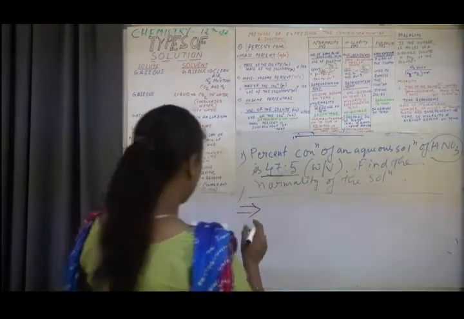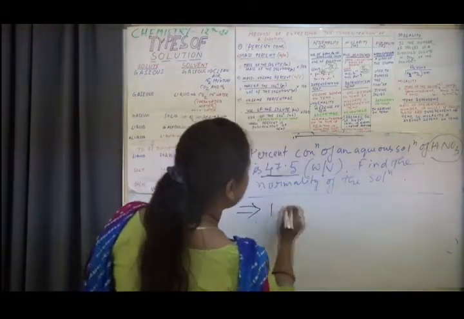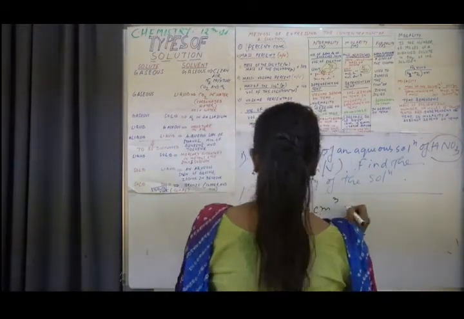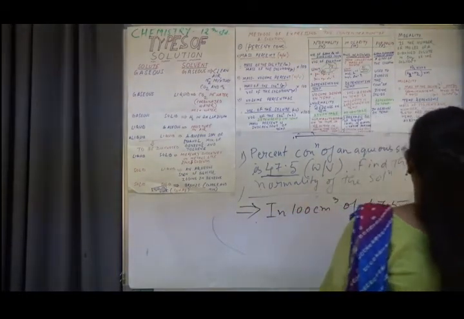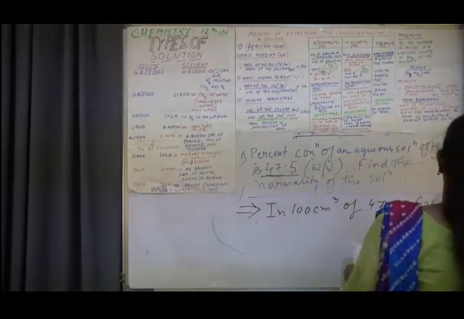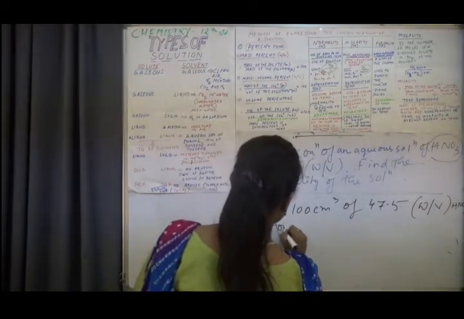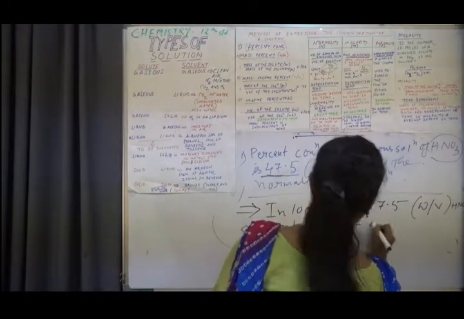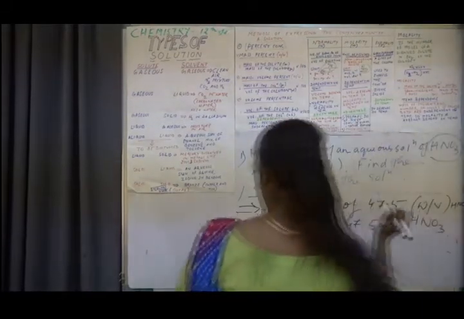What is the formula? We can write: 100 cm³ of 47.5% w/w HNO3 solution contains 47.5 grams of HNO3.